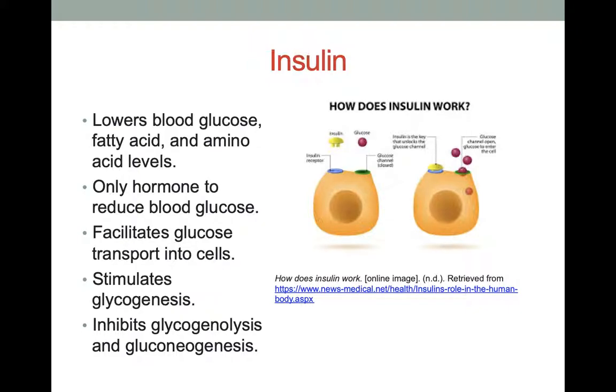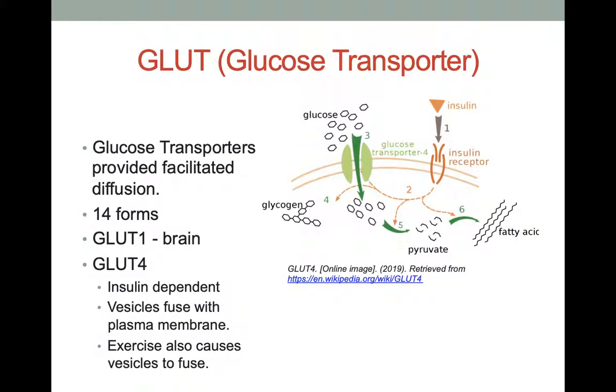Now, glucose generally cannot just cross through the cell membrane. It generally requires a glucose transporter, or GLUT transporter, and it goes through facilitated diffusion. So it does move down the concentration gradient, but it needs the glucose transporter to allow this to happen. There are 14 different forms of the glucose transporters.